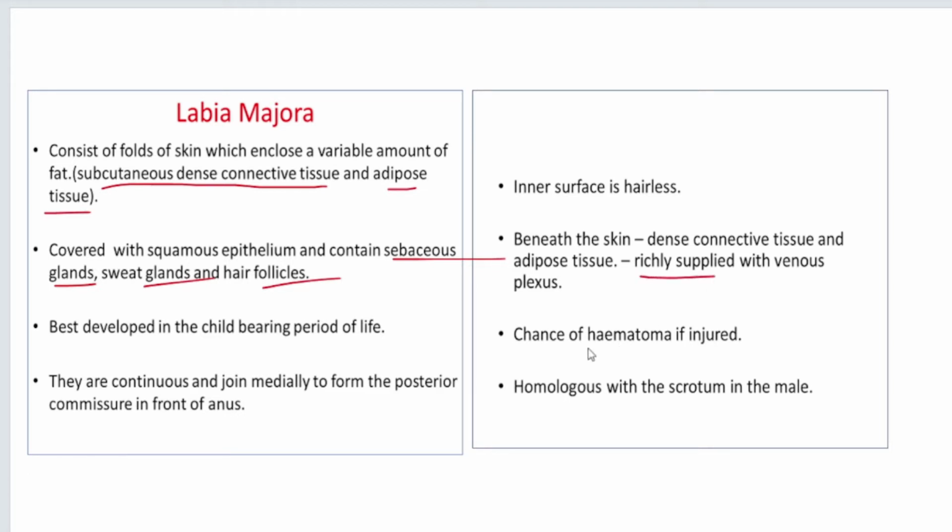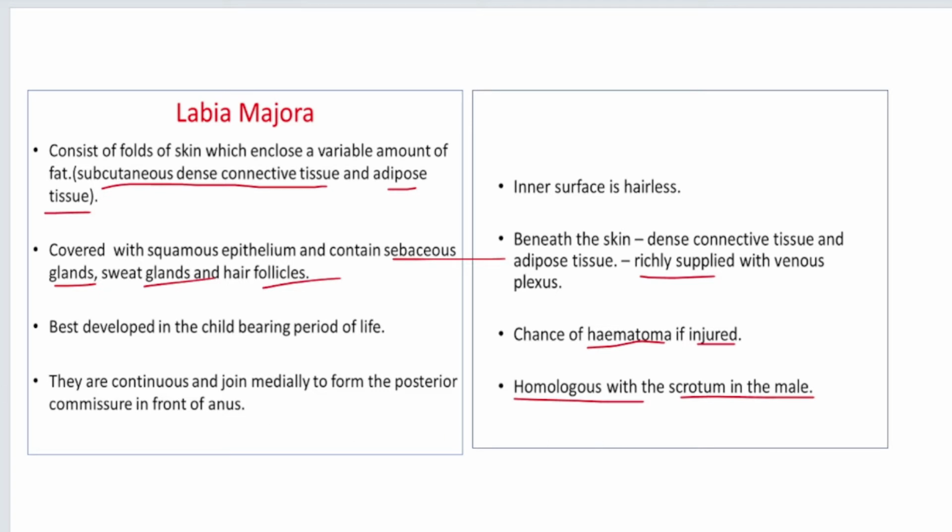That's why there is a chance of hematoma formation clinically if the labia majora are injured, maybe during childbirth, an accident, or while playing. This is homologous to the scrotum of the male. These kinds of points are very important in exams. They may give two or three parts and ask us to match. So the labia majora is homologous to the scrotum of the male.